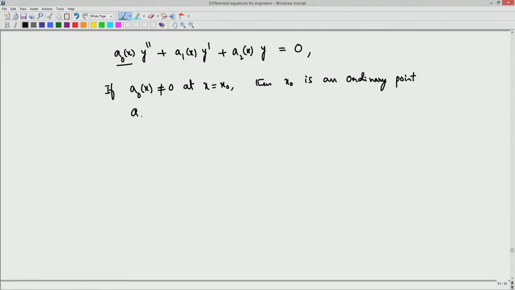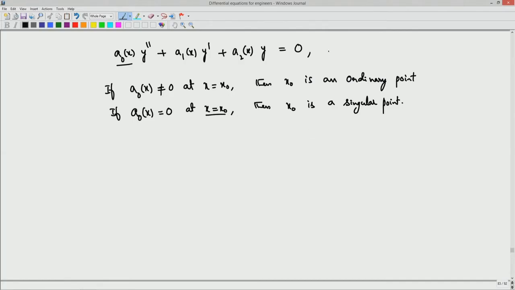If a0(x) = 0 at x = x0, then x0 is said to be a singular point. So those values x0 at which a0(x0) is 0 are singular points. At that point, the equation is not defined.